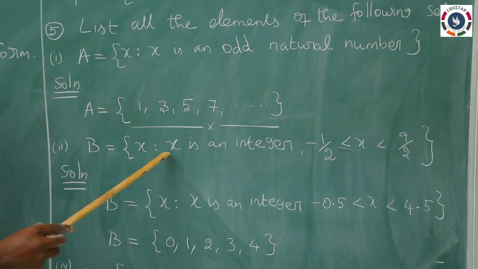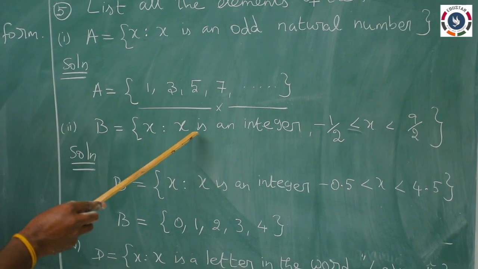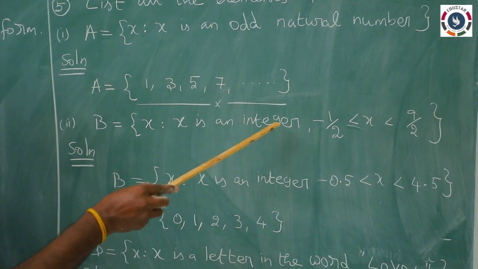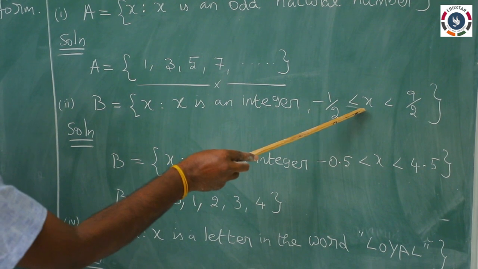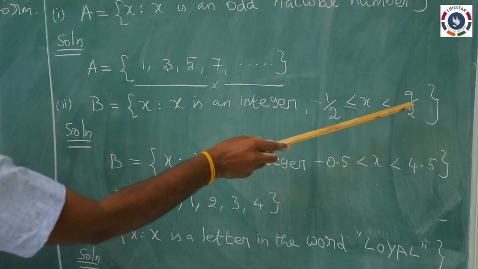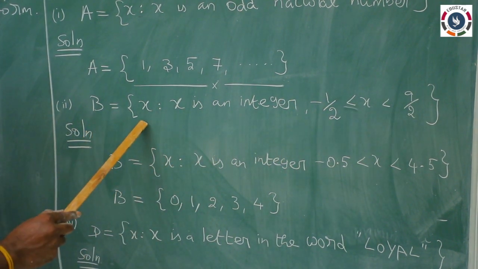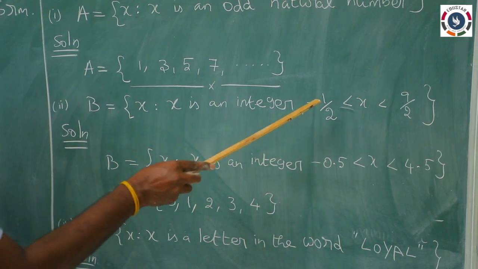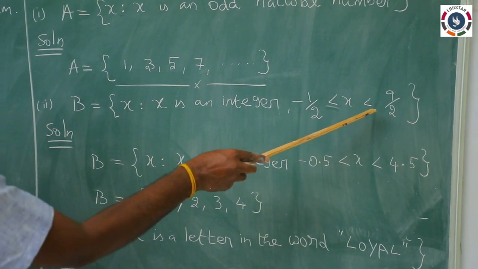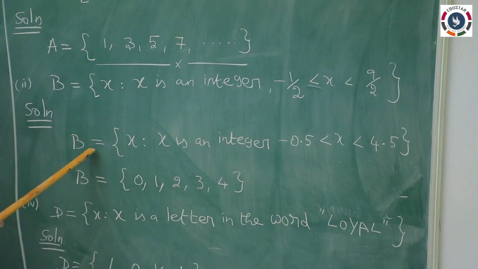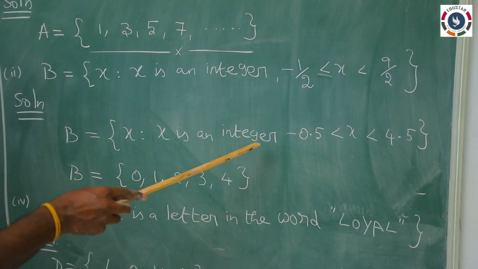Next problem, B equal to {x : x is an integer, minus 1 by 2 less than x less than 9 by 2}. So, B equal to x such that x is an integer.